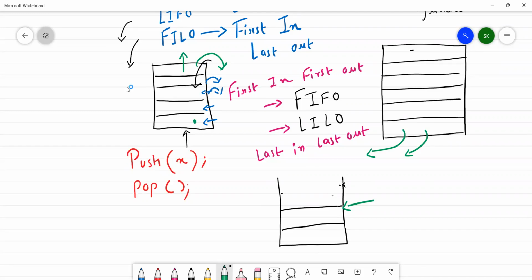Clear? Guys, is it clear? Okay, now I'd like to ask Ashish, is it clear to you?